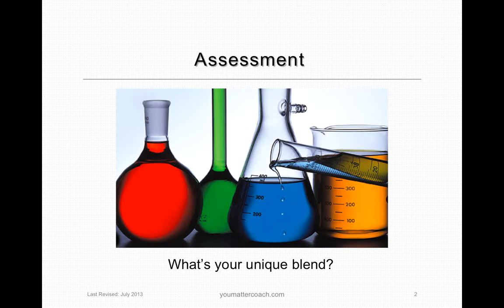So your assessment should have given you a unique blend. You should really concentrate on the highest score that you received. If you're really high blue or whatever that is, that's really where I want you to concentrate for today. But remember, you do have other colors.